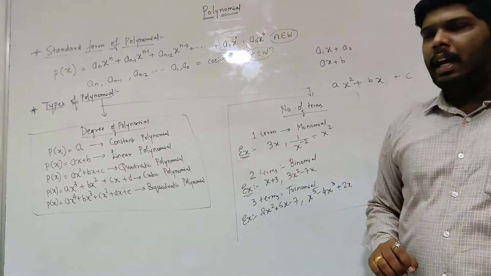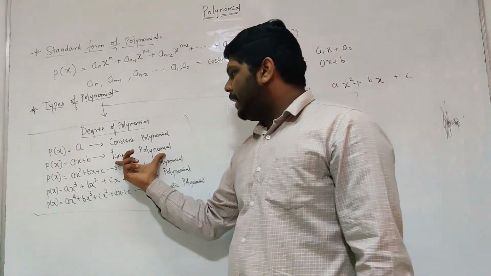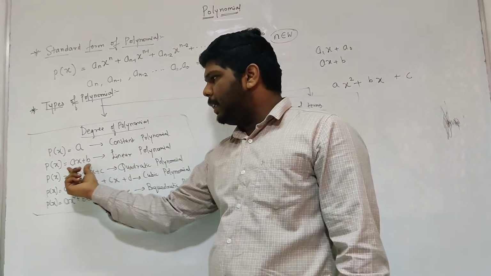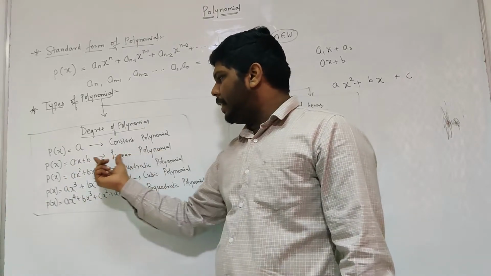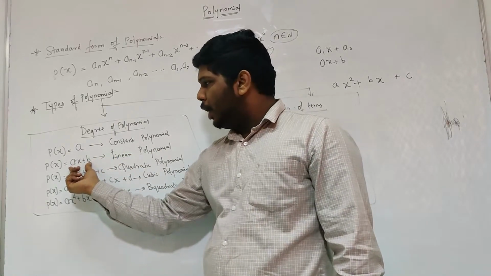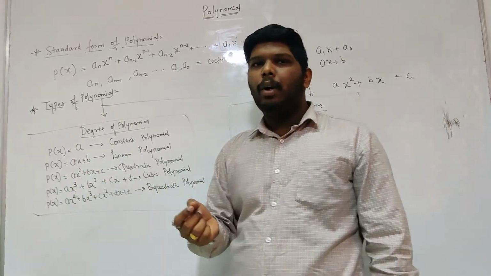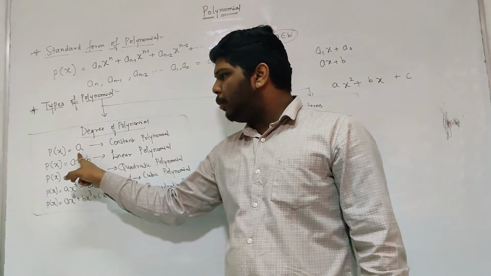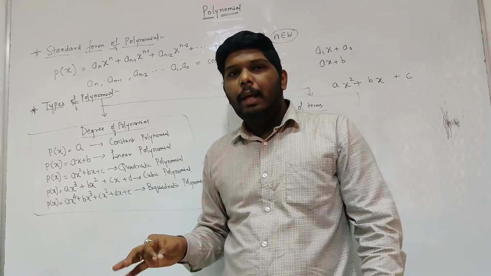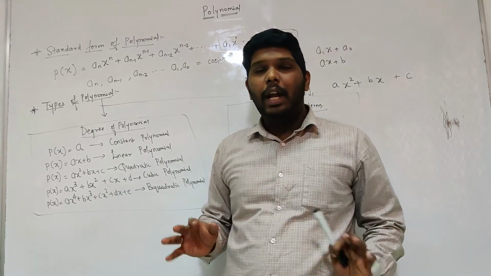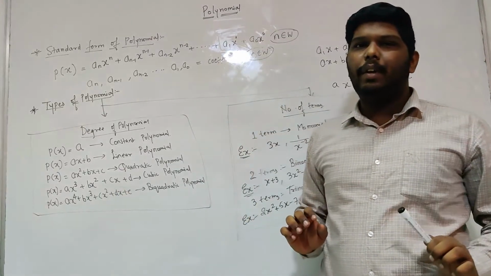Now one more thing I want to add: when I say a linear polynomial ax plus b, what is the important condition to keep it linear? The degree of x should be 1. It means the presence of x raised to 1 is very important.